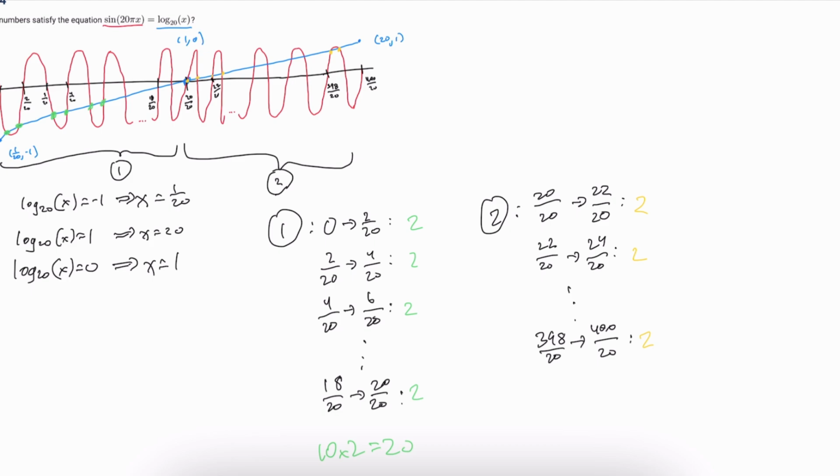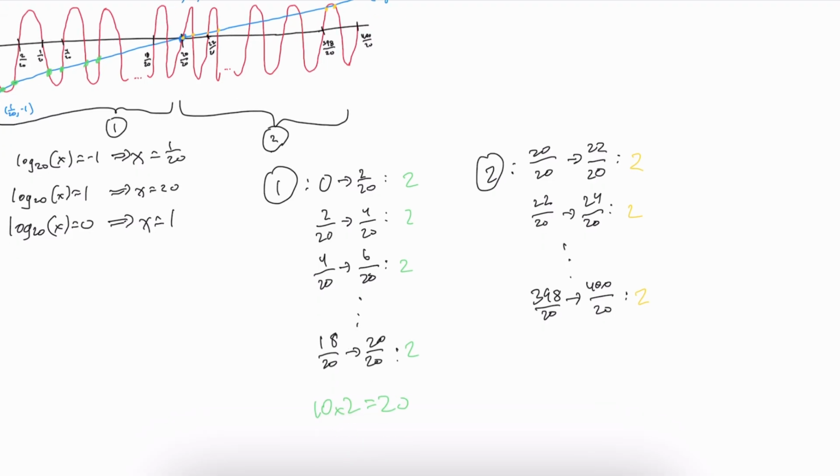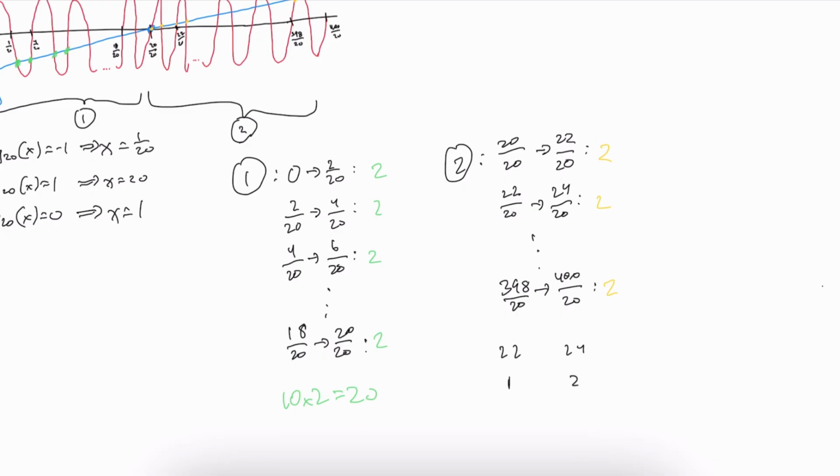And so how many periods do we have in this region? The idea is to look at just one side and map it to 1, 2, 3, 4, 5. So we have 22 is one period, 24 is our second period, 26 will be our third period, and so on.